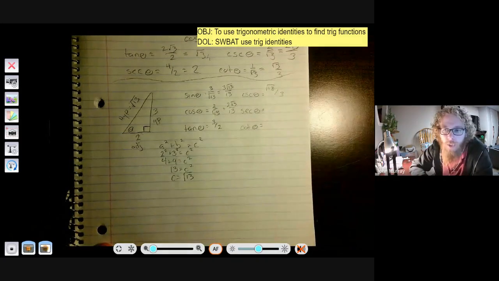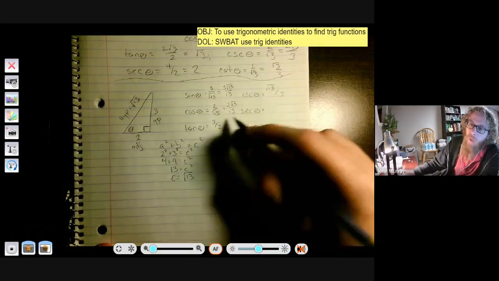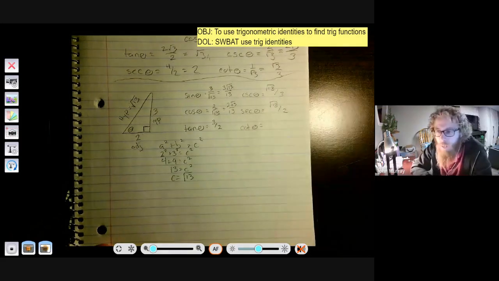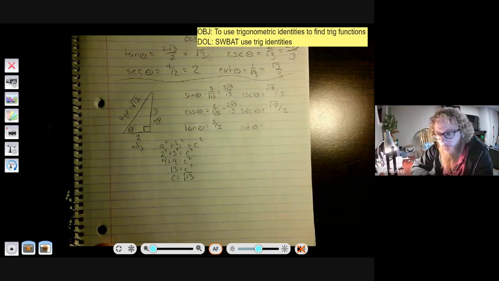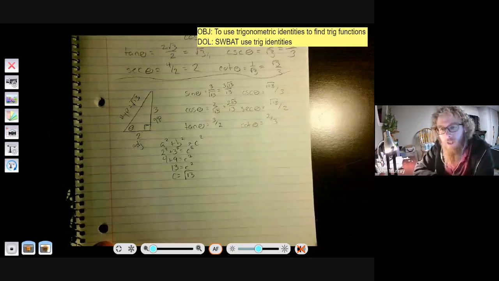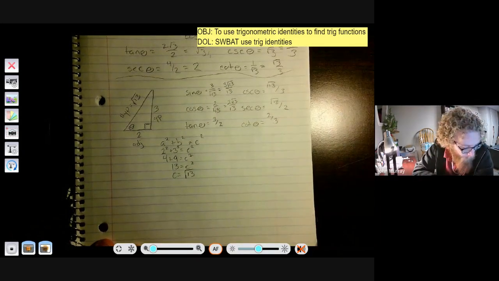It's just going to be the square root of 13 over 3. Similar for secant, we're going to flip the original, so now I'm going to have the square root of 13 over 2. And cotangent, we flip tangent, and that is 2/3. Any questions?